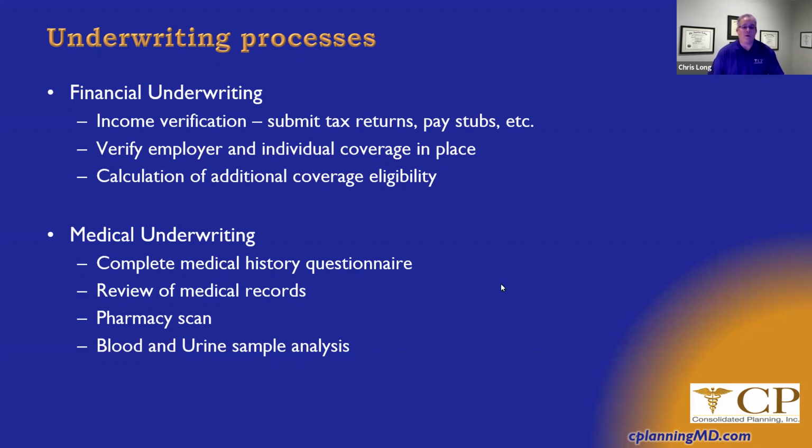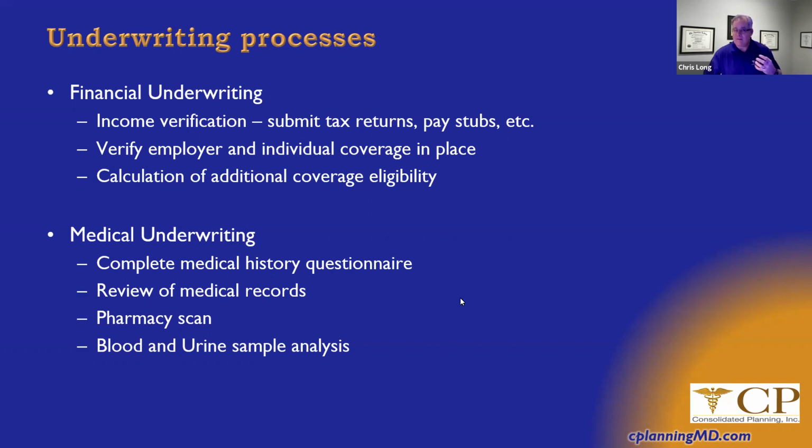Basically, the insurance company, whichever one it is, is looking for anything in your medical history that they think might put you at a higher risk of filing a claim at any point in your future career. And if they find something, then they could potentially exclude it from being covered, or they could decline you, or they could say, hey, we'll give you coverage, but it's going to cost more, or it's going to have a shorter benefit period than somebody without that condition might otherwise be eligible for.